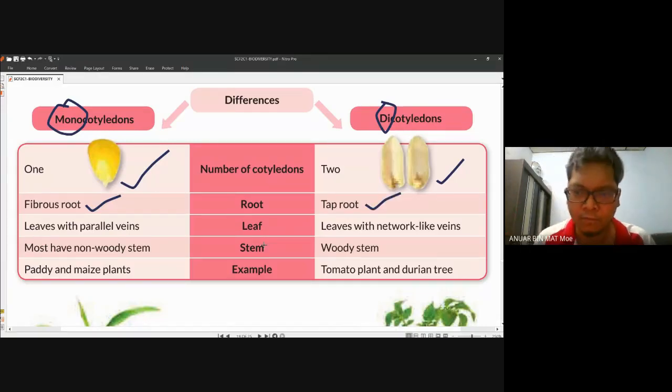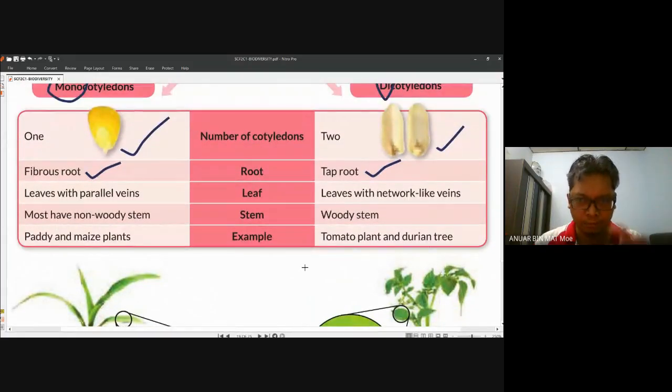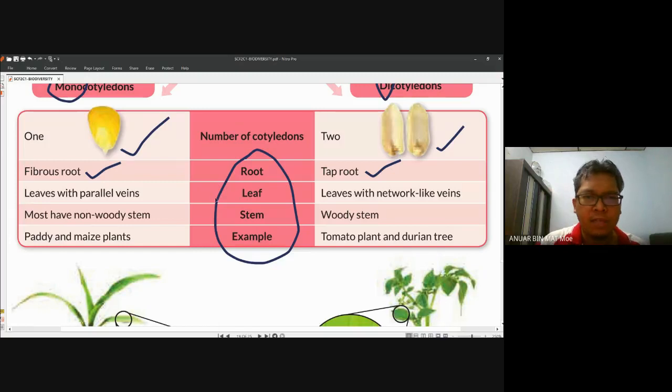These are the types of root. Later I will show you what is the tap root and what is the fibrous root. And how about the leaf? These are all the physical characteristics of the plant here. How about the leaf for monocotyledon?